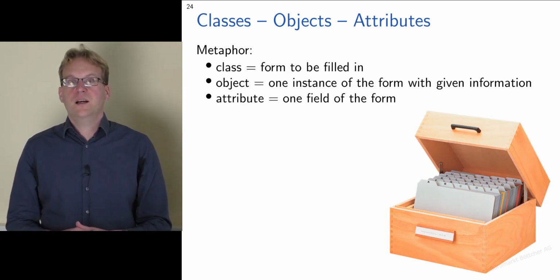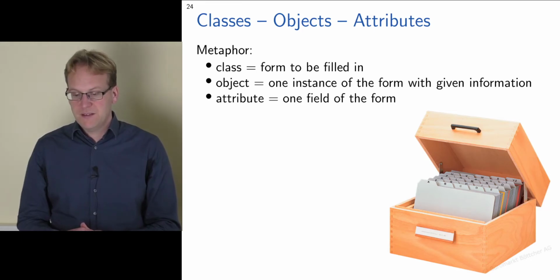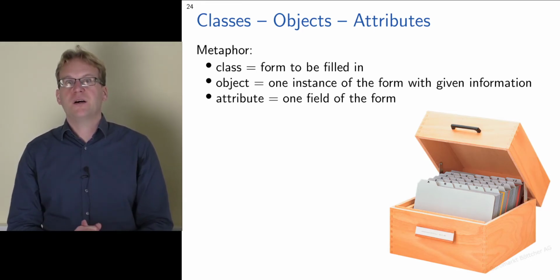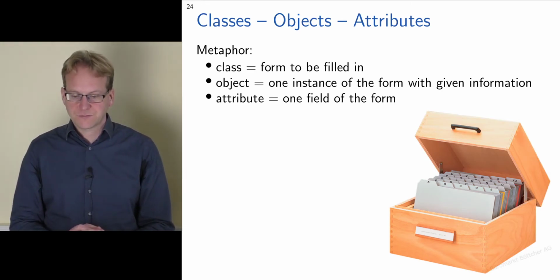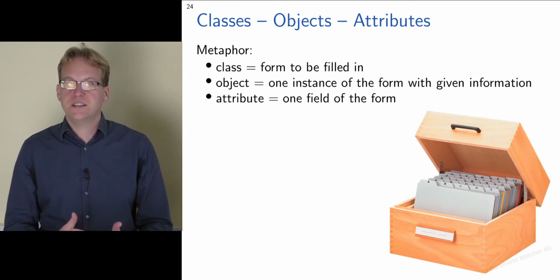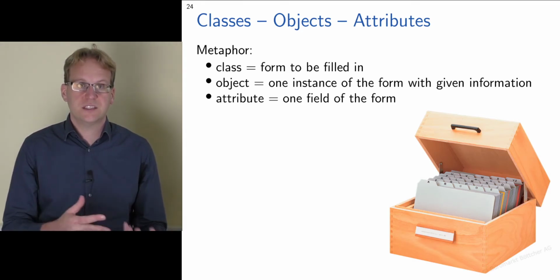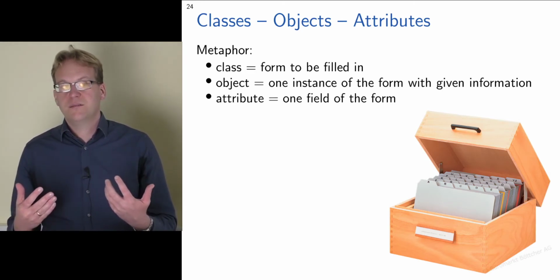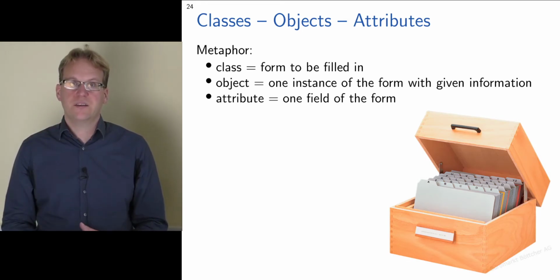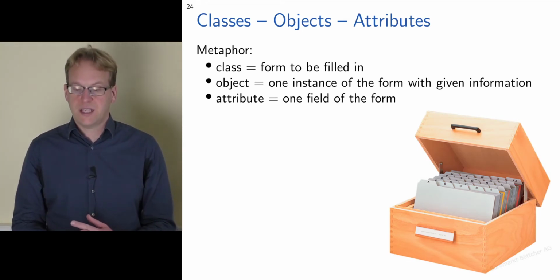Then in this system, you collect information about students maybe, and for every student you collect certain data, for example the year of birth, the name, maybe you also get a student identifier.